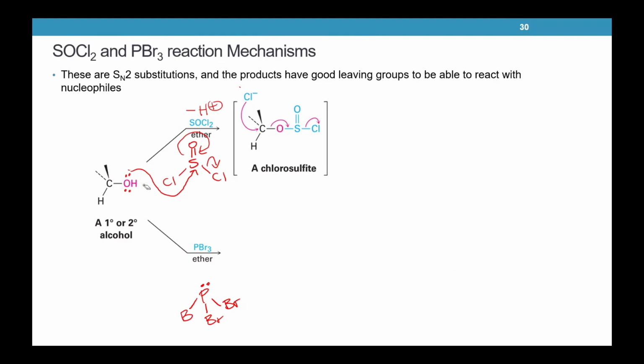So there are two steps there that are not shown, but I think just being able to show the OH group, the oxygen binding to the sulfur and kicking out the chloride is sufficient. Now that chloride is going to act as a nucleophile that's going to bind the alpha carbon, and now we have this good leaving group here.